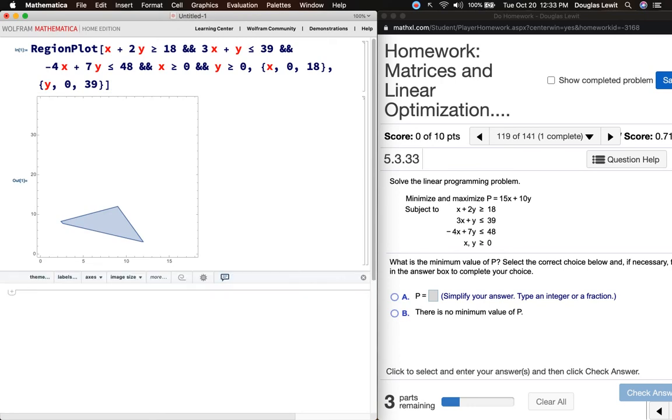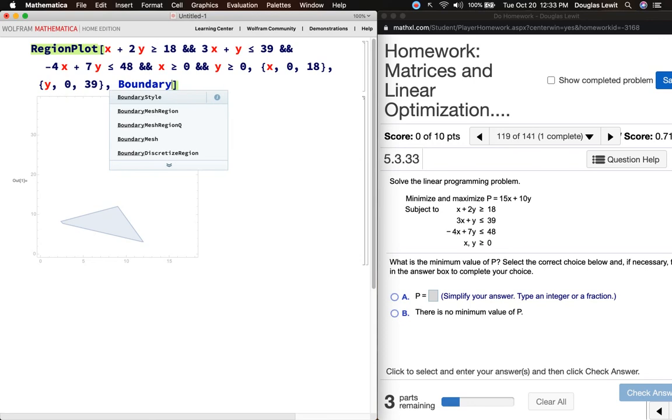Okay, so that's my feasible region, although the picture could be a little bit better. Okay, so the boundary style.